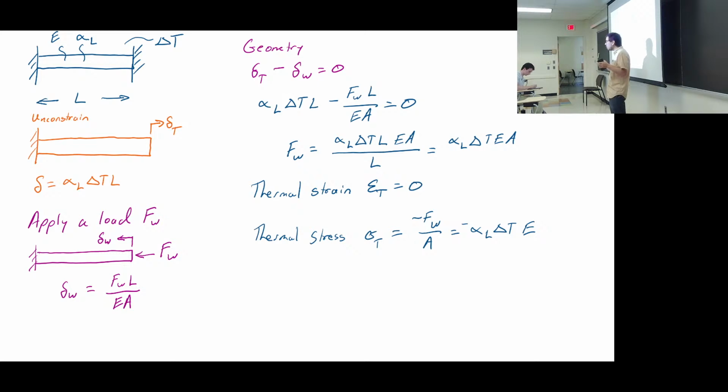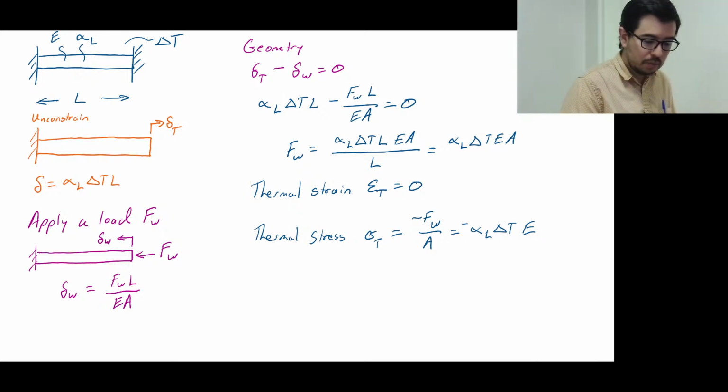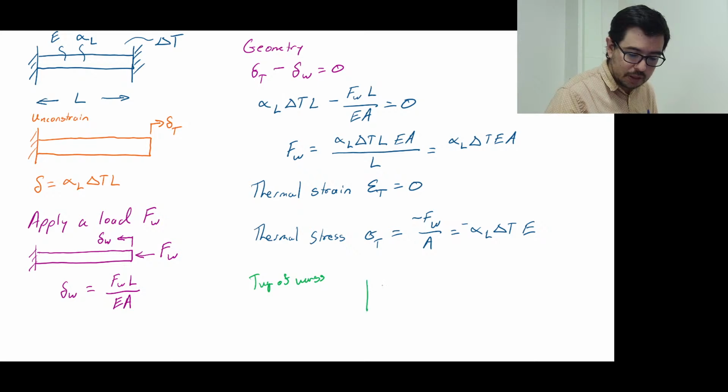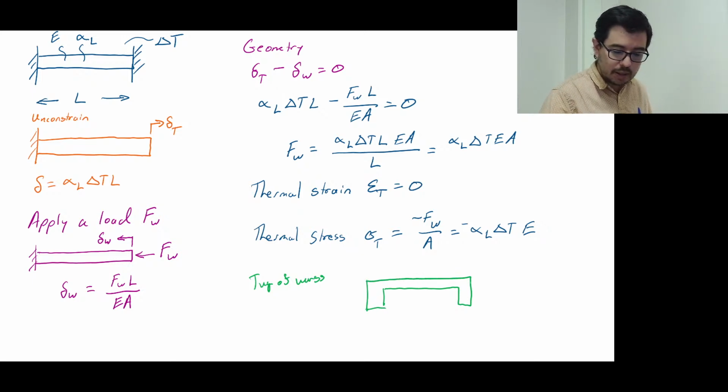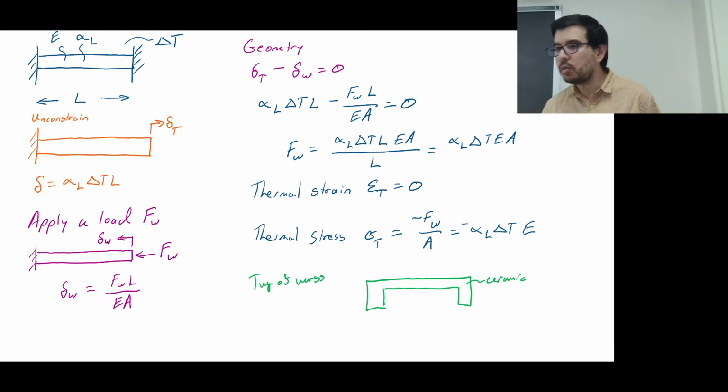And you get these tug of wars. Let's just say that I had some type of fictitious system where I have, let's say, some ceramic, which has a fairly low coefficient of thermal expansion.